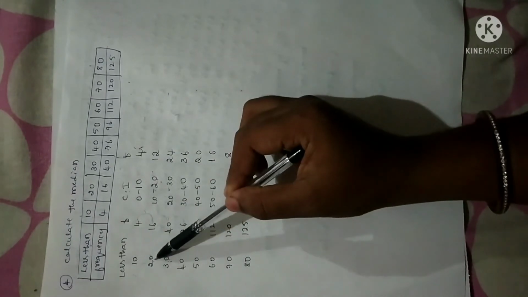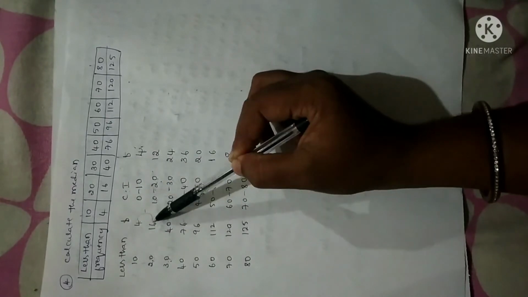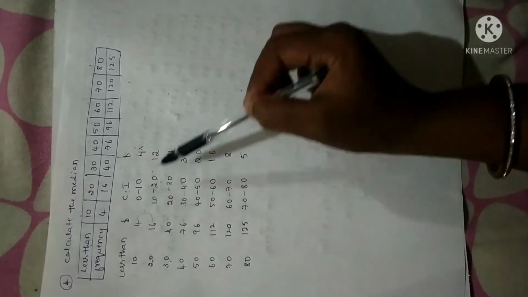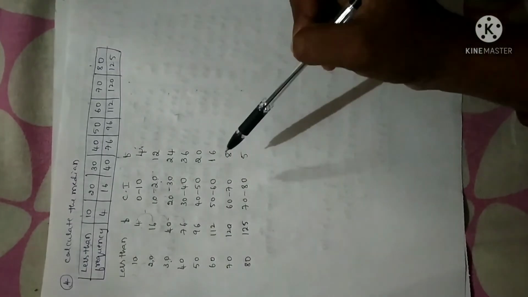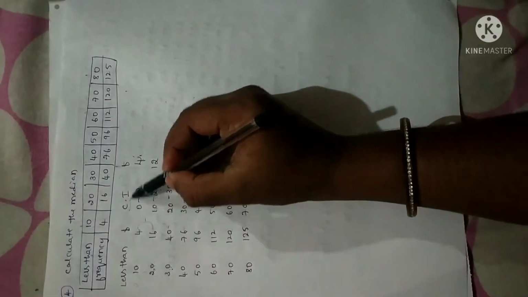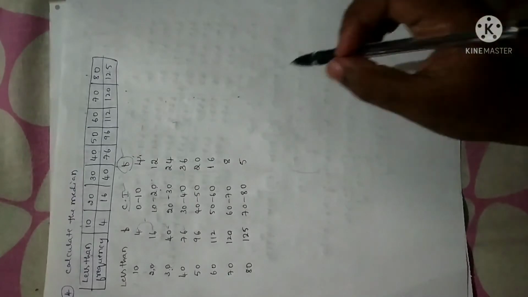Next, for the values less than 20 it is 16, but the class interval I have taken is from 10 to 20, so that is why I have subtracted 16 minus 4. It is 12. Next, 40 minus 16 it is 24. Similarly, I have subtracted the corresponding values so as to get the frequency. From now onwards, whatever value you are going to consider, you have to choose from this class interval and this newly obtained frequency.